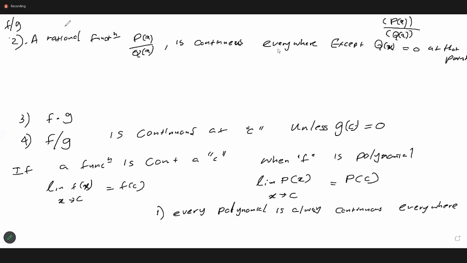Now we are talking about rational functions. If these are rational functions, we can say it's continuous everywhere except qx equal to 0, right? What happens if this rational function has a discontinuity?